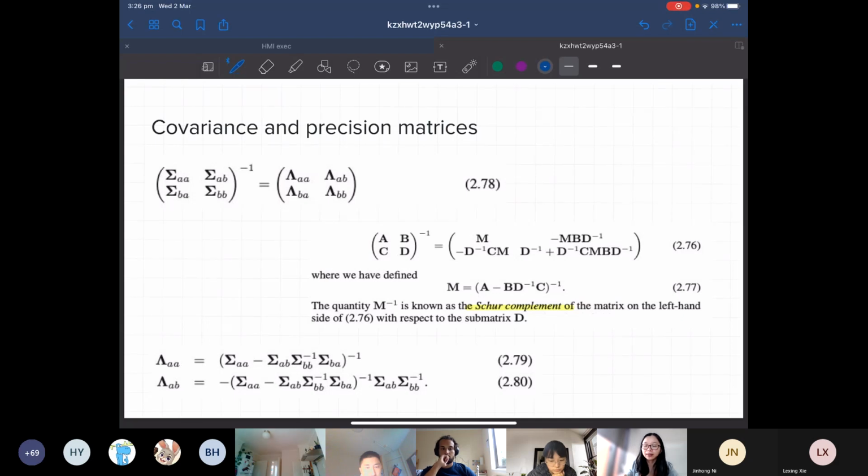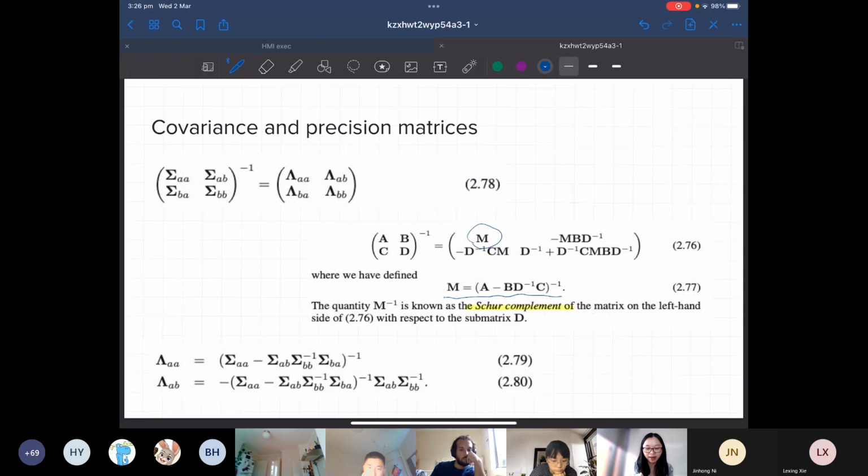if we take the inverse of block matrices A, B, C, D like this, there is this important intermediate quantity called M. And the upper left-hand side element of the inverse is simply M. So this basically means, for lambda AA, it's just M. And what you do with that is just you look up A, B, C, D and plug it in.